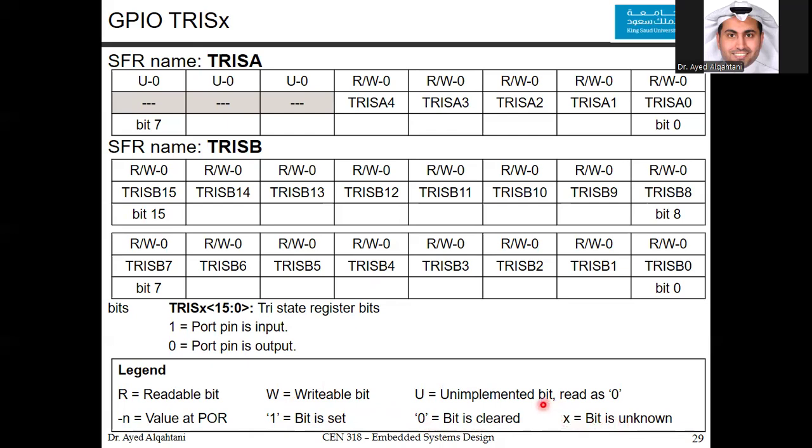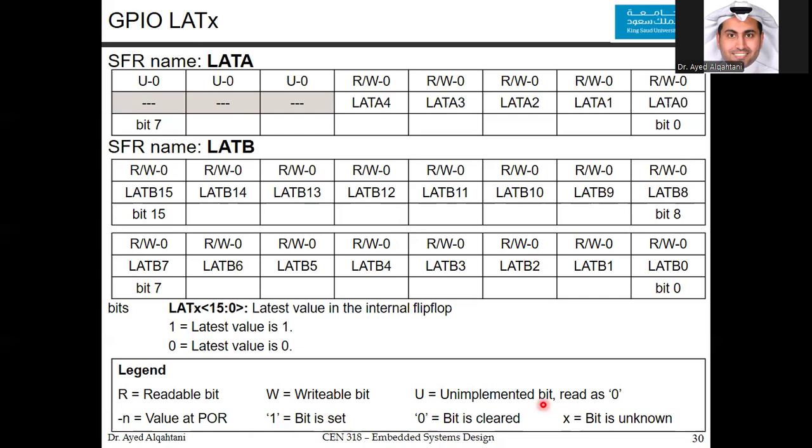Okay, let's go to the latest value. So here we have the same thing for A and B. You can see the difference. We say LAT A0, A1, A2, and so on. We have LAT B0, B1, B2, and so on, all the way to 15.